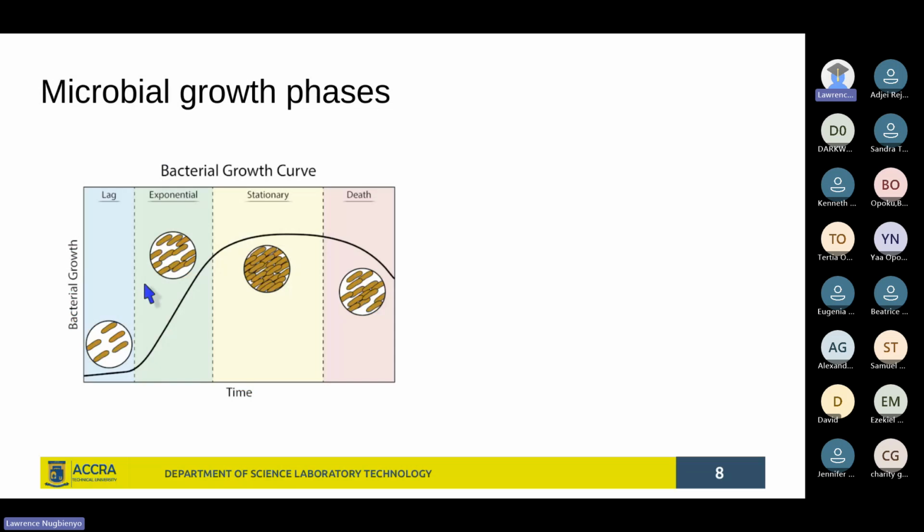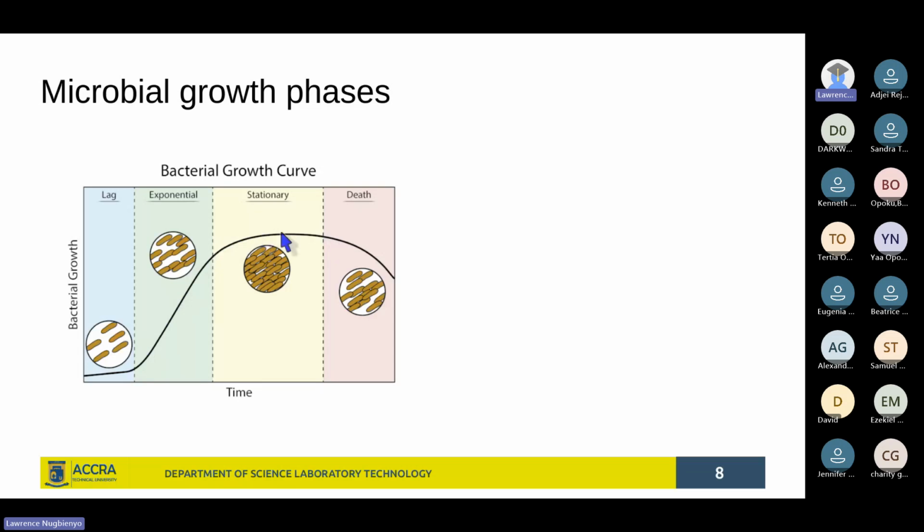You've done it in microbiology over and over again, where over a certain period of time, for whichever microorganism you are studying, you have that microorganism going through different growth stages, what we refer to as the lagging stage, where after you do the inoculation of the microorganisms, there is that very slow growth, and then it reaches a point where these microorganisms begin to multiply in numbers. And then there's that stationary phase.